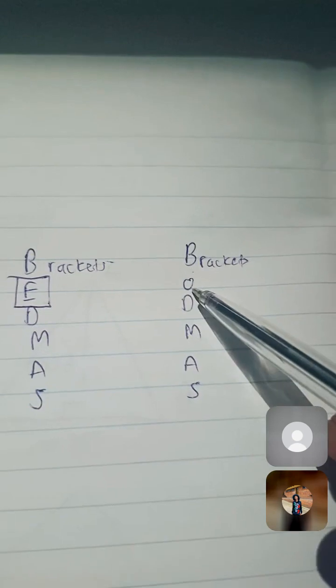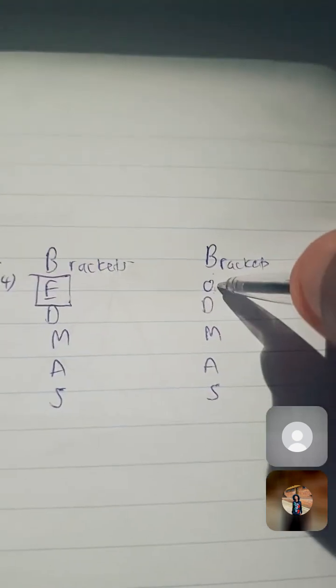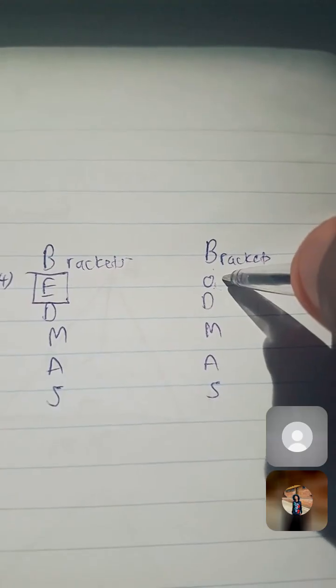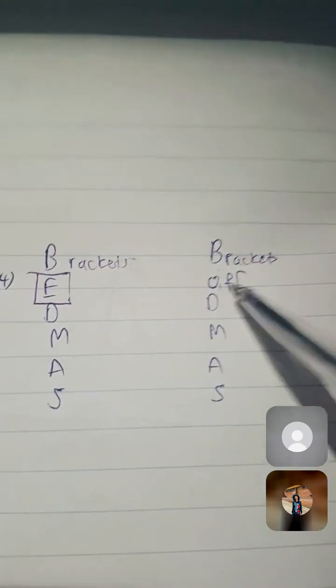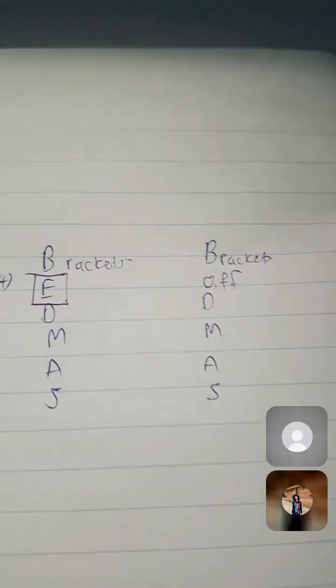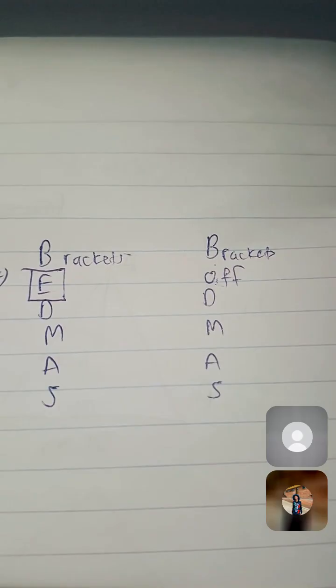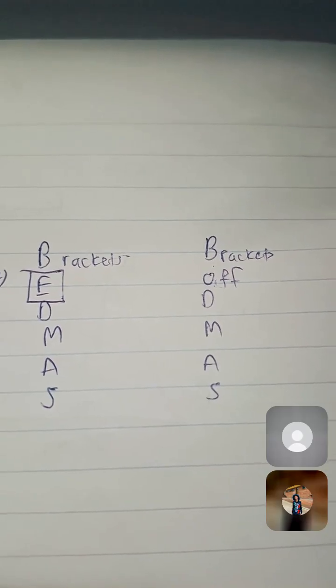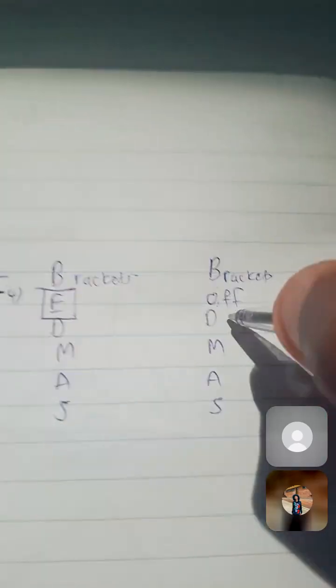What does the O stand for? Off. How do you spell that? O double F. And what does this even mean, this off? It's when you are rounding off. Oh, rounding off. D? Division.